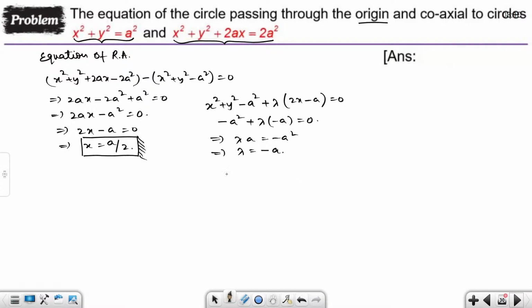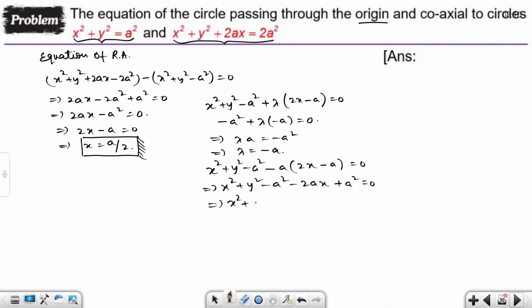Now let me put the value in this equation to get the actual equation of the circle. Therefore, the required coaxial circle is this. Am I correct or not? Have you understood this? So this is our answer.